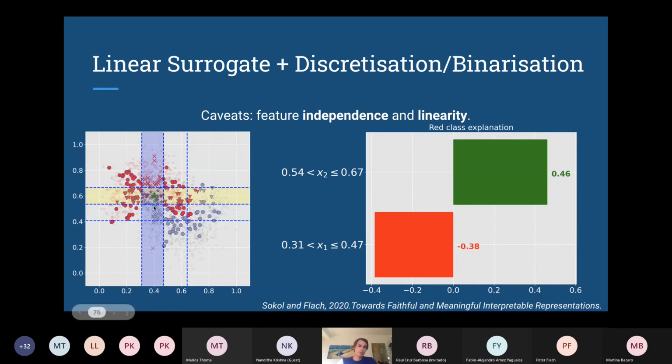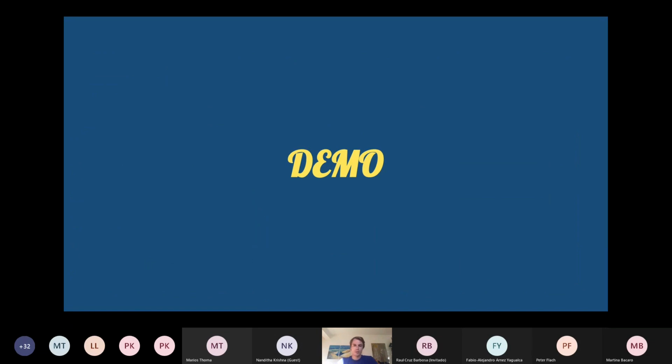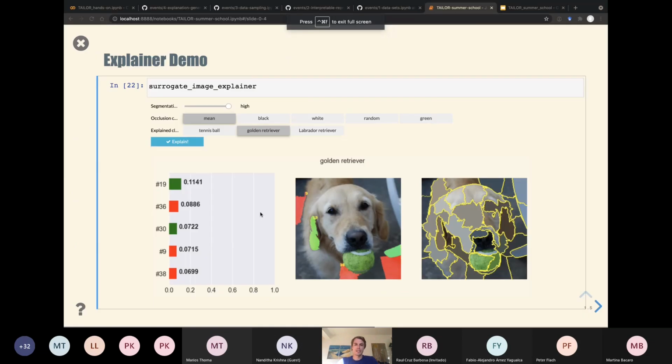Whereas being on the y-axis between 0.54 and 0.67 has positive influence on predicting the red class. So being here, other than in the pure blue region, is beneficial for predicting red class, whereas the same for the x-axis has negative influence. And this may be a bit counterintuitive, but I'll show you an example in a moment, and hopefully this will make more sense. Right, so let's move on to the demo for tabular data.